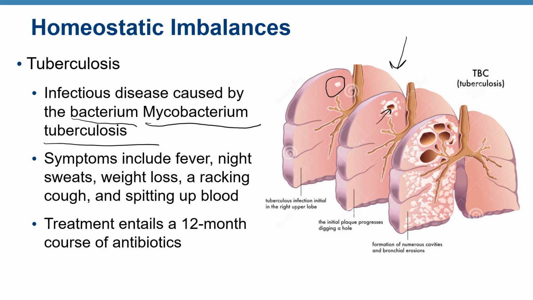And this is the formation of numerous cavities. So all these cavities are forming inside the lungs, and bacteria progresses through all the lobes over here on the right side. So symptoms include fever, night sweats, weight loss, racking cough, and spitting up blood, and it's treated with antibiotics. So it's a 12 month course of antibiotics.